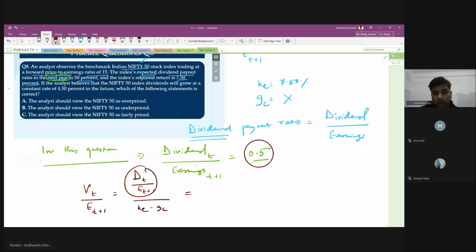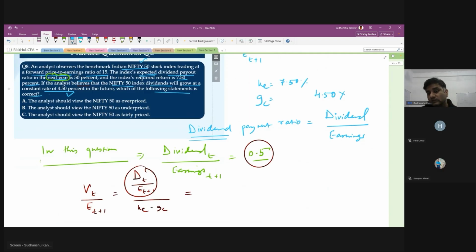Okay, if the analyst believes that the Nifty 50 index dividends will grow at a constant rate of 4.50%. This is given to me now. I was searching for it, but now I found it, 4.50%. Which of the following statements is correct?